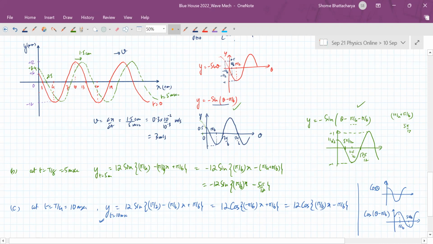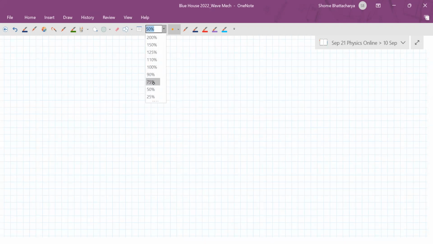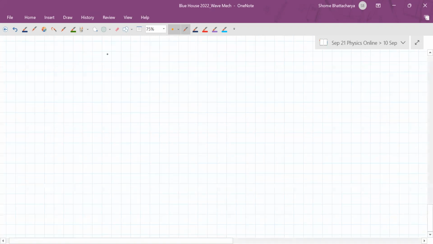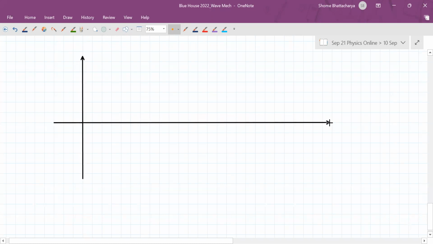Okay, so let's superimpose the two graphs and we'll understand. X was in centimeters. So our t equal to 0 graph was looking like this.